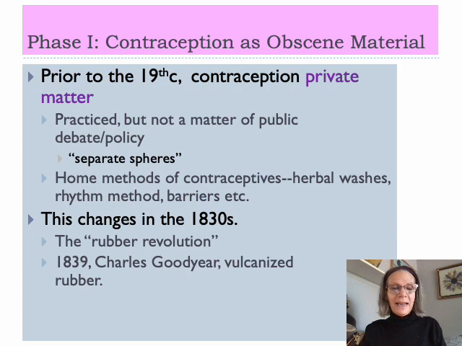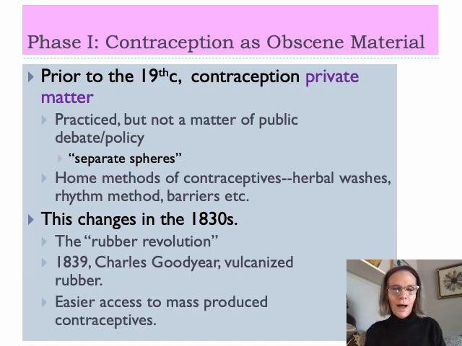And that invention led to the easier access and the mass production of contraceptives. So not only did it make rubber condoms easier to access and easier to produce, but diaphragms became easier to have access to, and other types of contraceptives that utilized this vulcanized rubber were used.